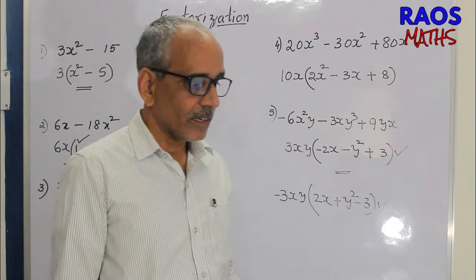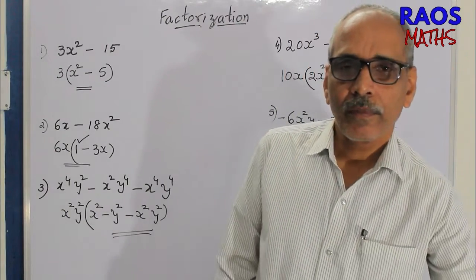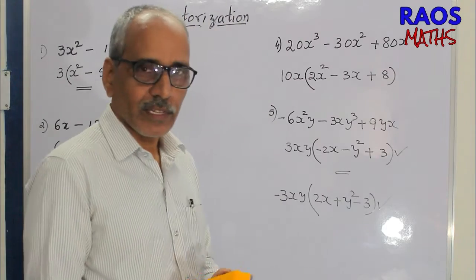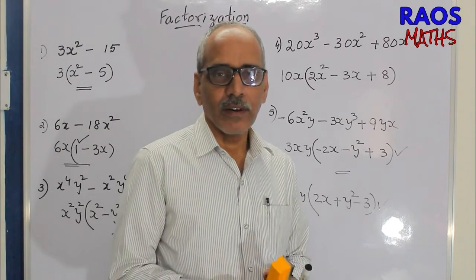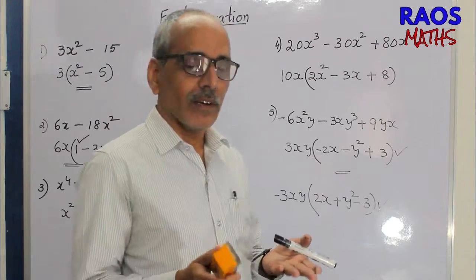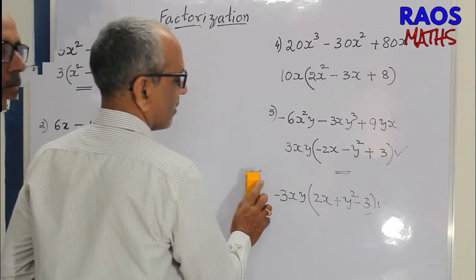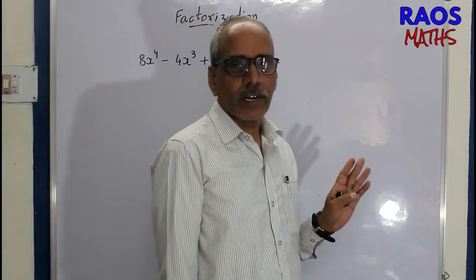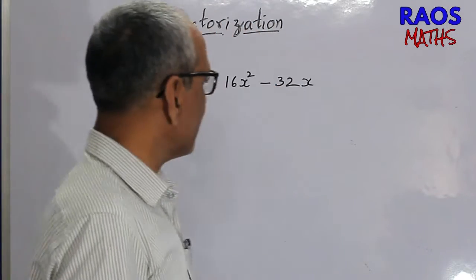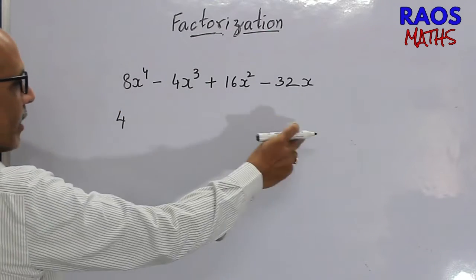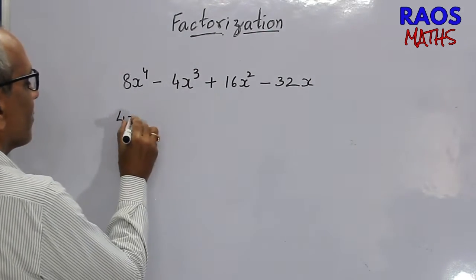And the next type is grouping. If it is a polynomial, there are two types of polynomials. One can be grouped, others cannot. But how to identify? Let's take a polynomial. Let's solve this polynomial where the common factor for all the coefficients of each term is 4, and the least power variable is x.